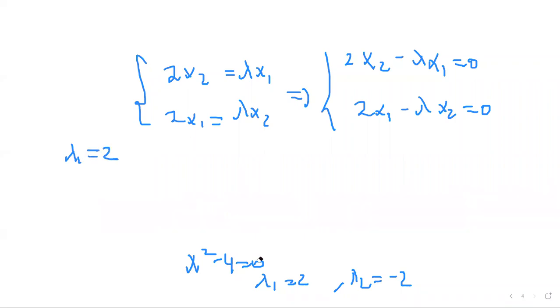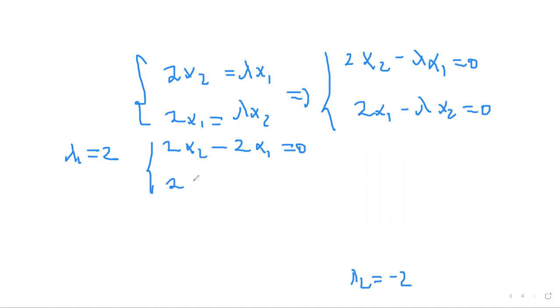If you can see, by substituting lambda 1 in the place of lambda in this system, we are going to get 2x2 minus 2x1 equals 0. And 2x1 minus 2x2, again, instead of lambda we substitute 2. So you can see that from these two equations, we have x1 equals x2. What does it mean? It means that we have infinitely many solutions here.